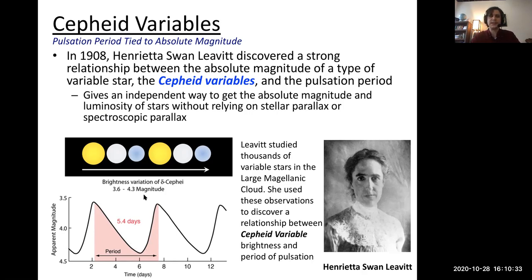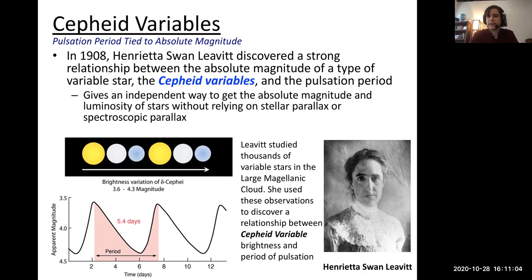Say this one has a period of 5.4 days, and that period of 5.4 days will map to a Cepheid variable that regularly cycles between an absolute magnitude of 3.6 to 4.3. That's a lot of details, but there is a strong map between the period of the cycle of brightness and how bright it is.